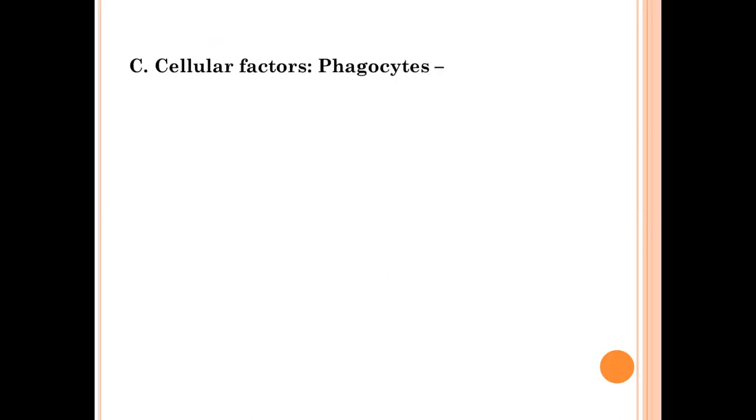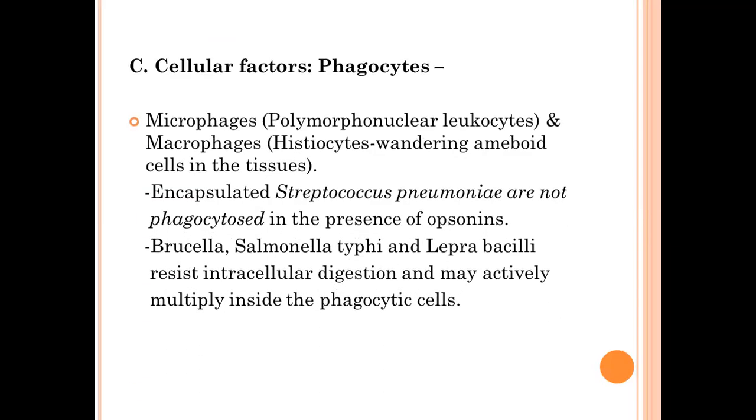The third factor is the cellular factor, and the cells involved in innate immunity are phagocytes. There may be microphages or macrophages, classified depending on their size. These can engulf many of the foreign particles.